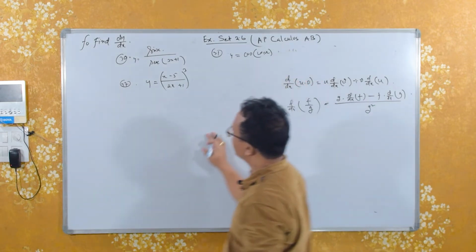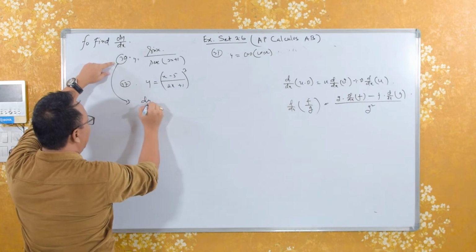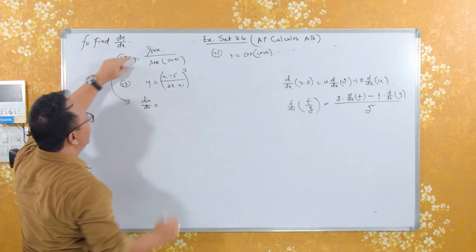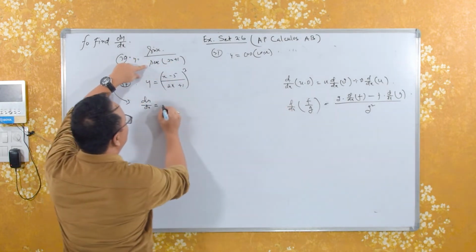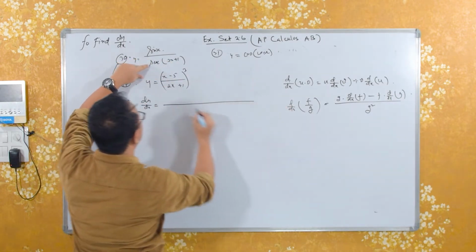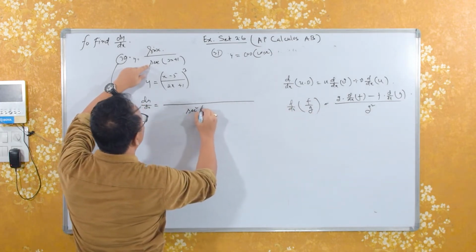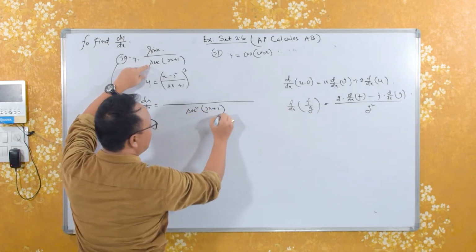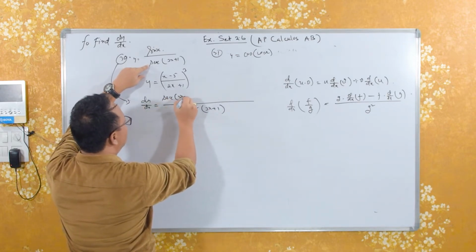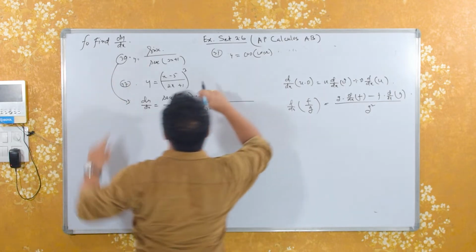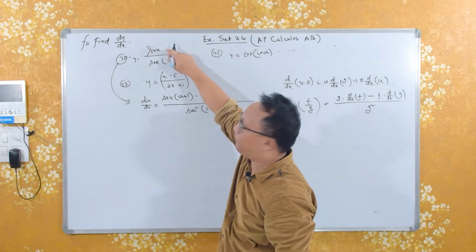Okay, now let's try to solve this. Here dy by dx will be here f by g, okay, you can say u by v. Now here numerator denominator, okay, apply this formula, it will be sec square of 3x plus 1, bring this sec of 3x plus 1 straight, into dy dx of sin x. Okay, dy dx of sin x is what?